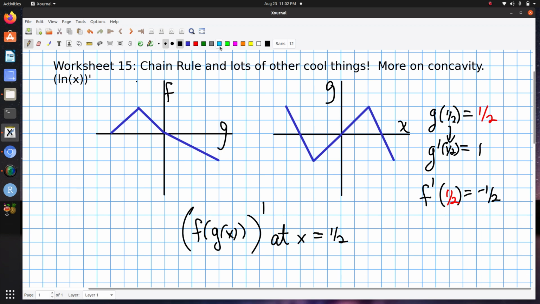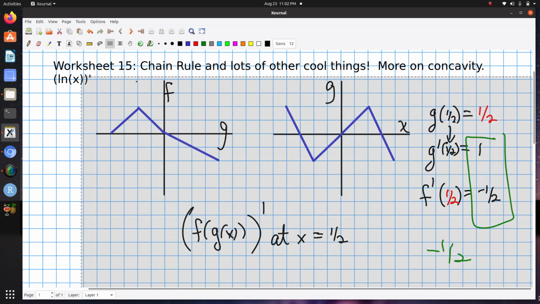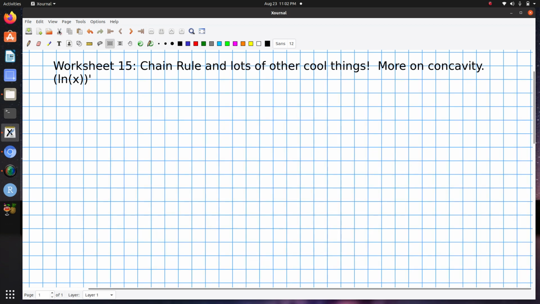So I'm going to multiply these two derivatives together to get negative 1/2. Okay? So hopefully that'll get you through the homework exercises, or rather the worksheet exercises. And I think you might have some web work questions like that too.